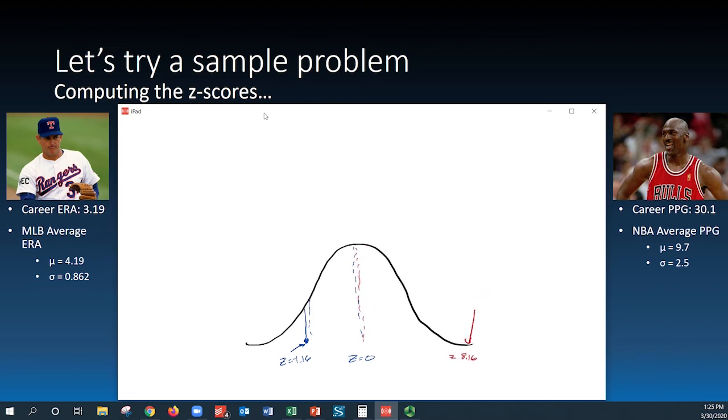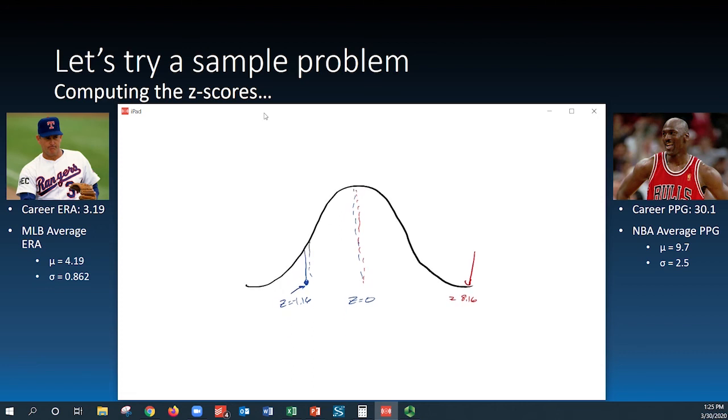And we can see that Michael Jordan is way over here, farther to the right than Nolan Ryan is to the left. He's actually up at 8.16. So if we were to use this and say this is the be-all, end-all statistic, we would say Michael Jordan is clearly the best athlete of all time, just based on these kind of numbers.